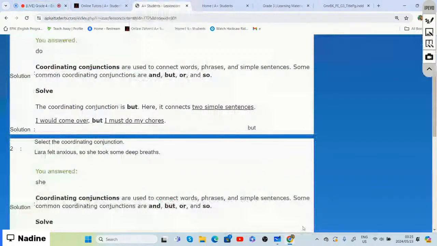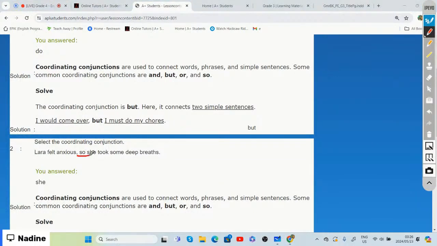The correct one is "so." Something happened because of something else.